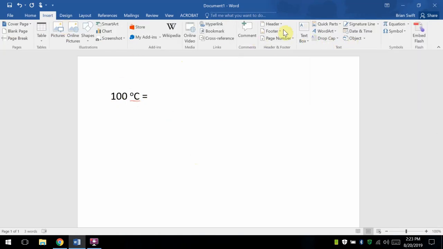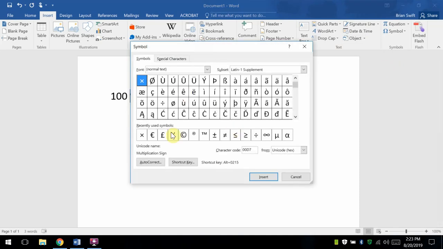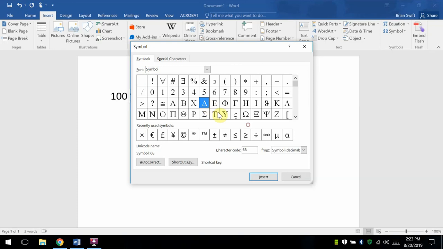Where's symbol? The symbol we want is Greek. Okay, let's go down here to symbol. Yeah, right there.